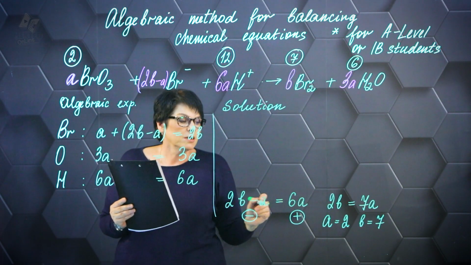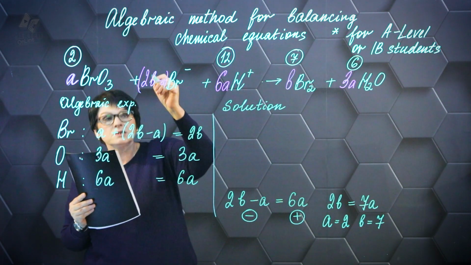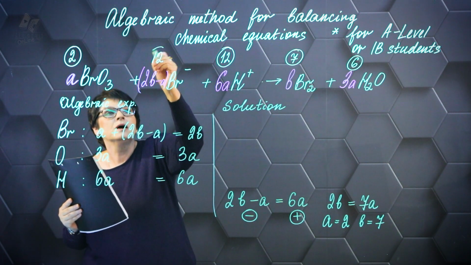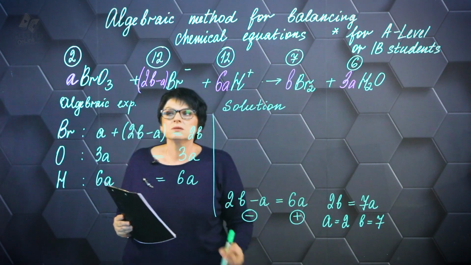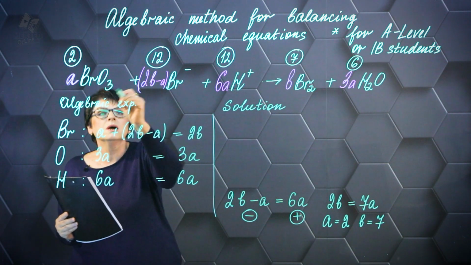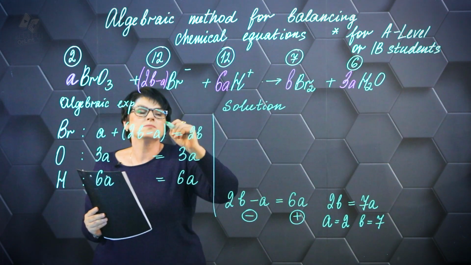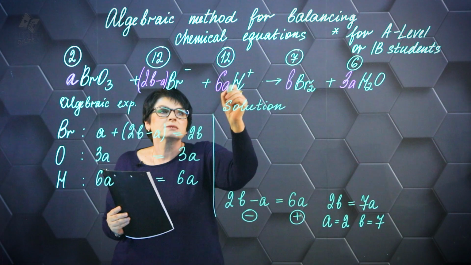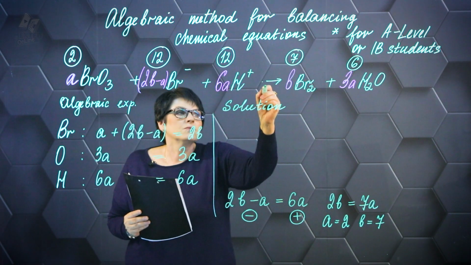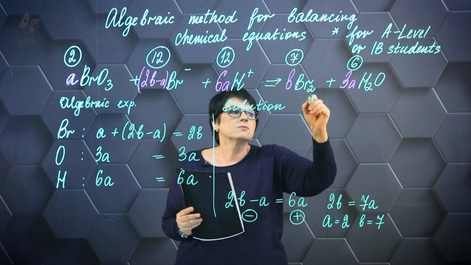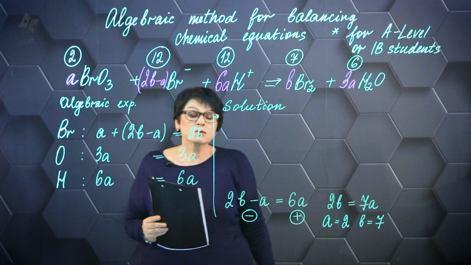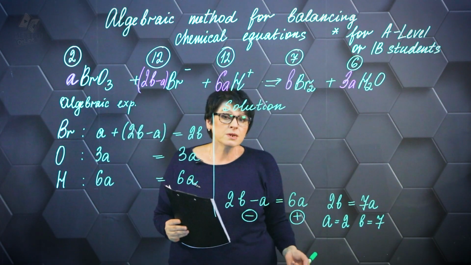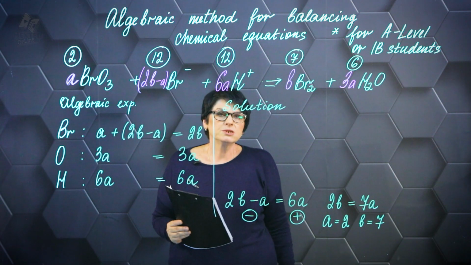And so our equation is 2 BrO3 minus plus 12 Br minus plus 12 H plus equals 7 Br2 plus 6 H2O. One more time, and we get this equation balanced through the mathematical method of matching.